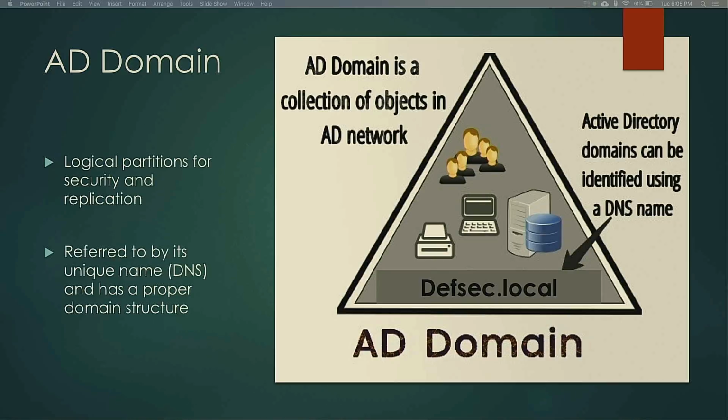Usually that'd be the domain name of your company, or maybe your web servers, or maybe this is just how your naming schema is set up. So it would be computer1.defsec.local. That would be the setup of our domain, and so on and so forth for servers and workstations and things like that. So yeah, printers, users, databases, everything essentially.